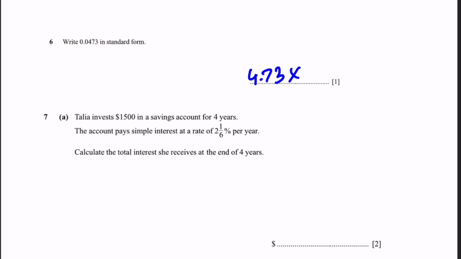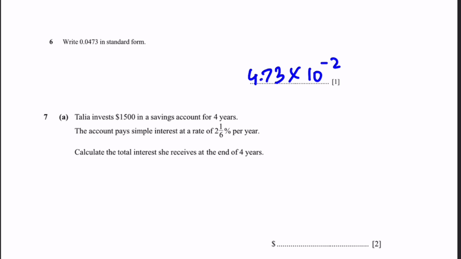Twice to the left means 10 to the power of minus 2. The 2 shows that we move it twice, and the negative shows that we move the decimal point left. And that'll be our answer.